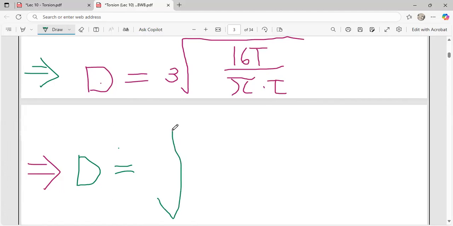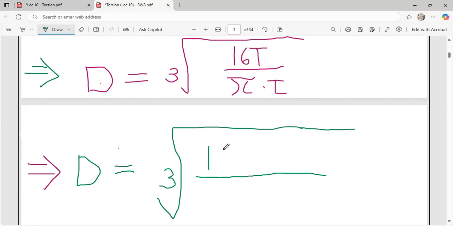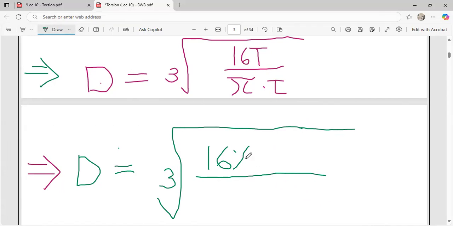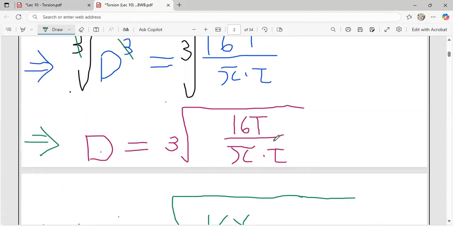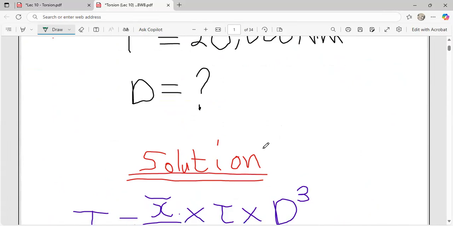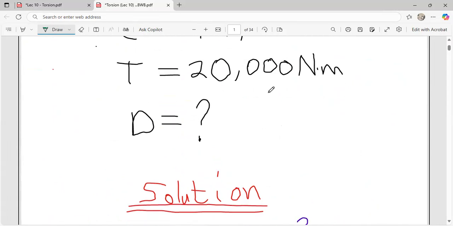Okay, so you are taking the cubic root of all of that. So first of all, we have 16, multiplying what? Our 16 is multiplying the torque. And what was the value of our torque? It was 20,000 Newton meter.